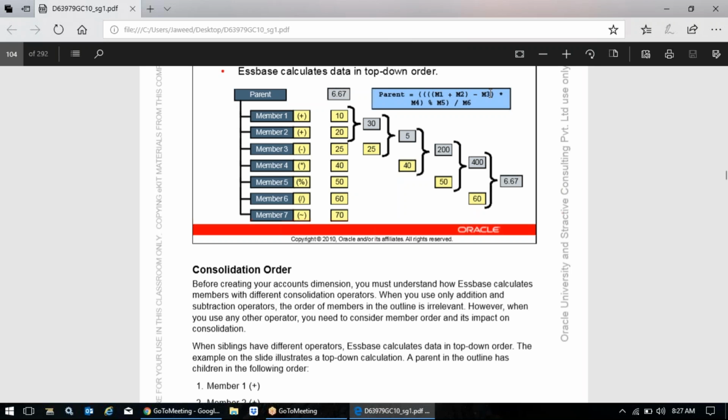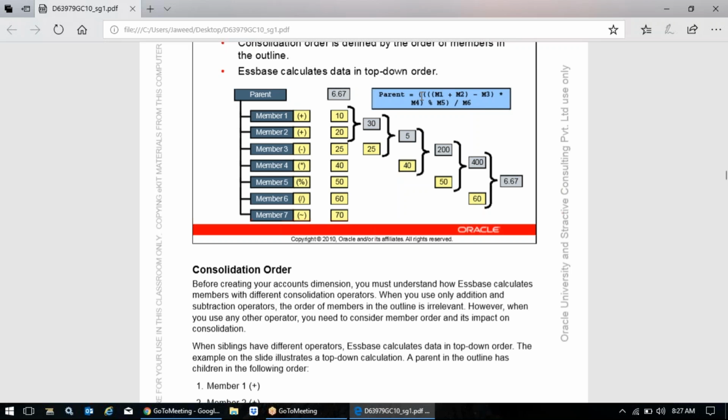From whatever the result is from m1 plus m2 minus m3, it multiplies it with m4. Now whatever the result is until m4, it uses the percentage symbol with m5. After the whole result, it divides by m6.